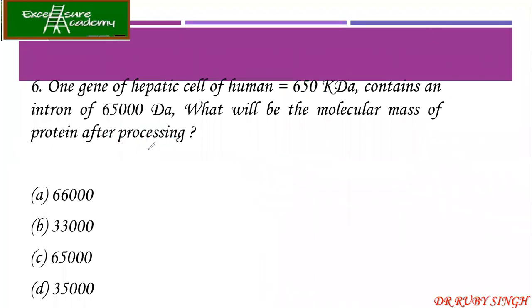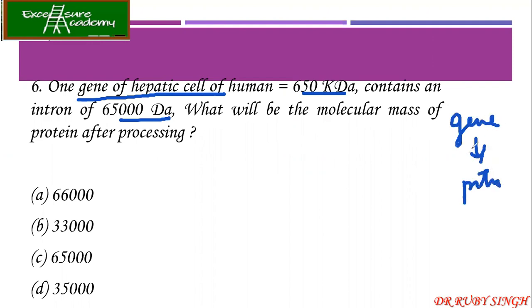In this case, it's given that it is one gene of 650 kilodalton, with an intron of 65,000 Dalton, right? They're talking about the gene, and from the gene, they're asking about the protein. Remember what is the molecular weight of one base pair? 650 Dalton.